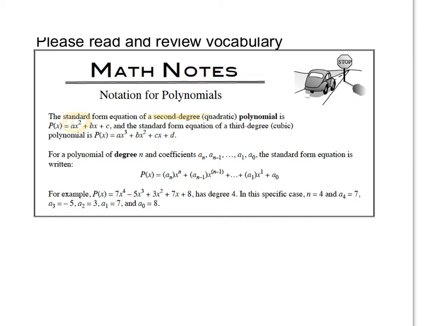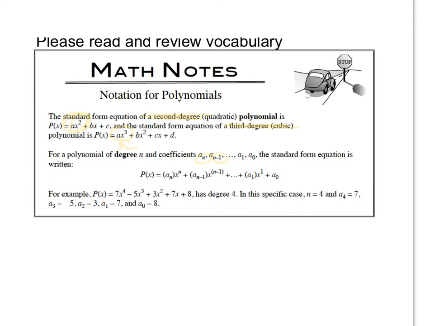Our standard form equation of a third degree cubic is going to be p of x equaling ax cubed plus bx squared plus cx plus d, where the lead term with the largest degree is 3. If we were to have a polynomial of degree n with coefficients a sub n minus 1, all the way down to a sub 1 and a sub 0, what those subscripts are telling us is they're just differentiating between your coefficients.